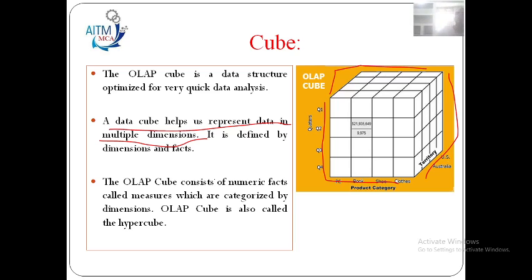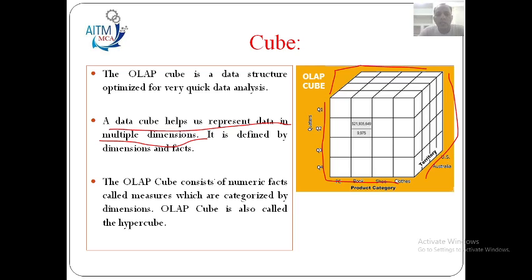It always consists of numeric facts. Facts are represented here in the form of numbers, not in the form of stories. Sometimes somebody tells you, tell me the fact, I don't want your story. So facts are always accurate values.